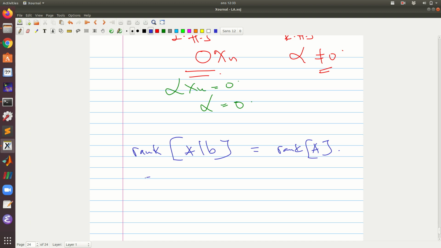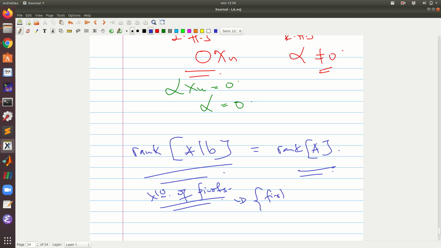So why would we say that this system here would be consistent? Remember that the rank is the number of the pivots, and the pivot is the first non-zero entry in each row.